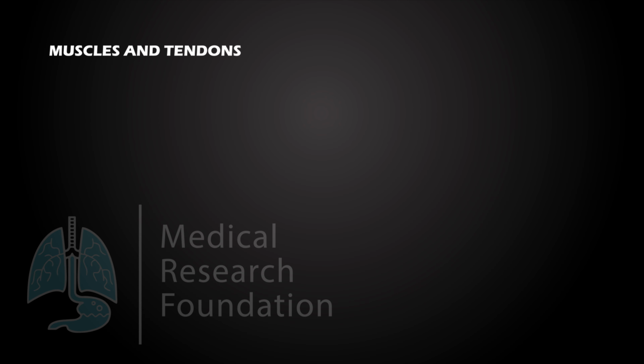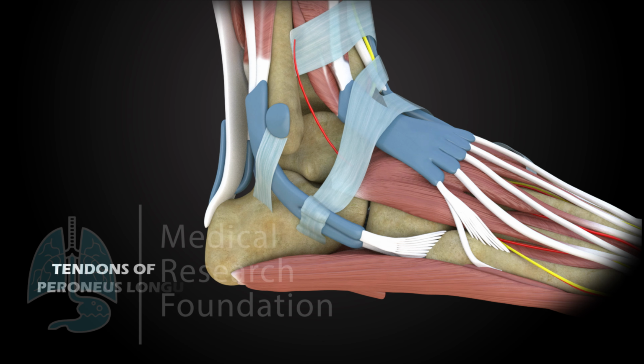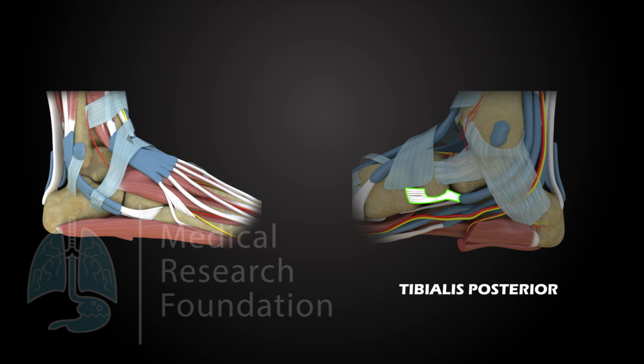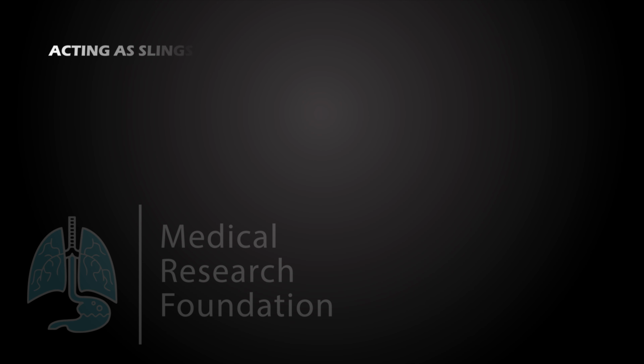Muscles and tendons acting as tie beams. The tendons of peroneus longus and tibialis posterior support the transverse arch as tie beam, acting as slings.